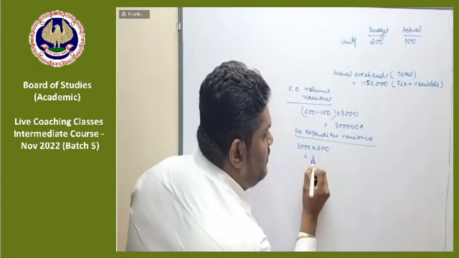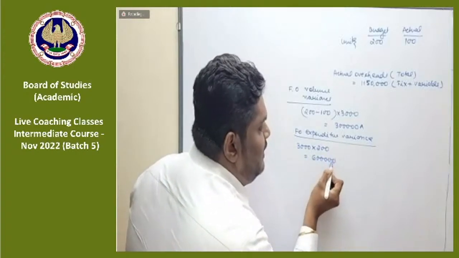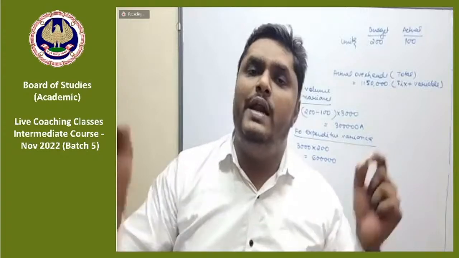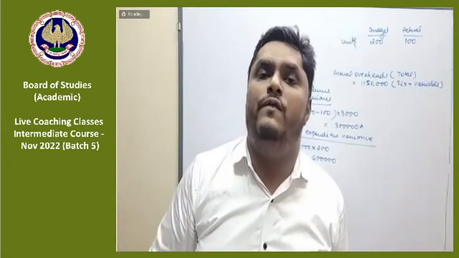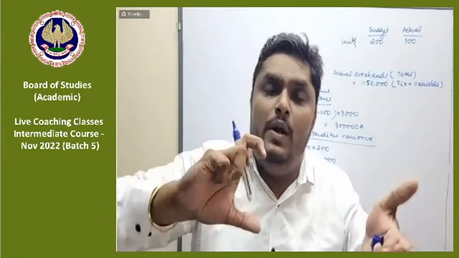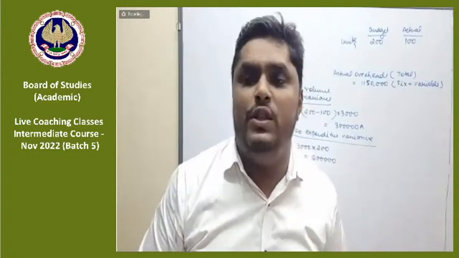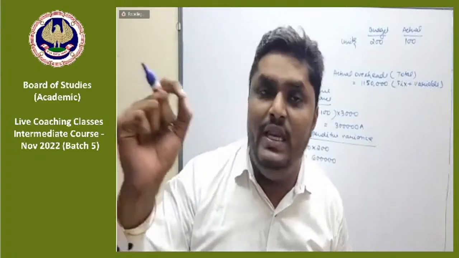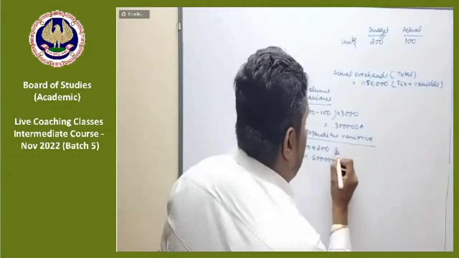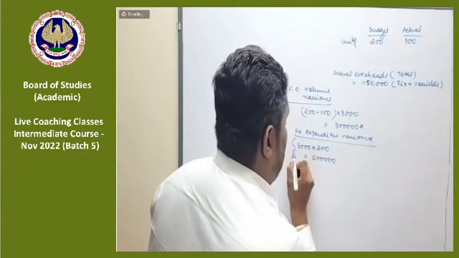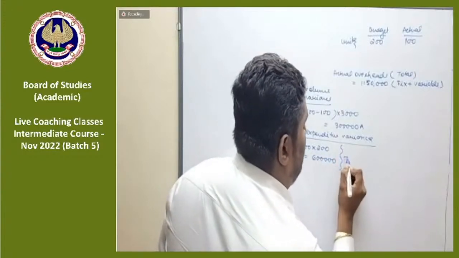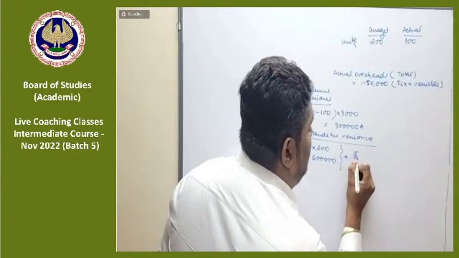That is 6 lakh rupees. These are my budgeted fixed overhead and it will remain constant at all the level of units. But when talking about variable overhead, it keeps on changing depending upon the production. So here in my variable cost per unit is how much? 1500.